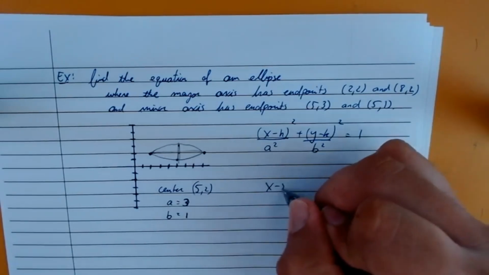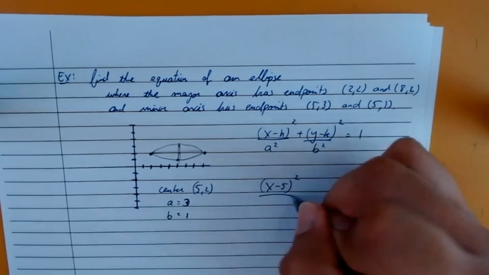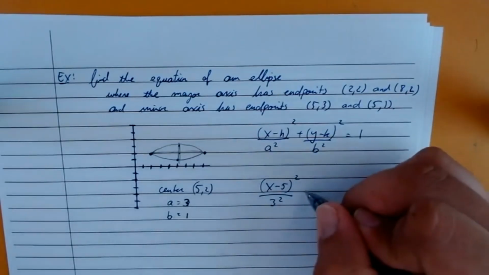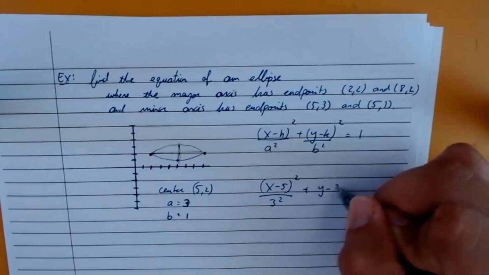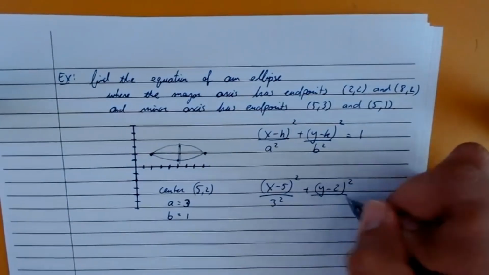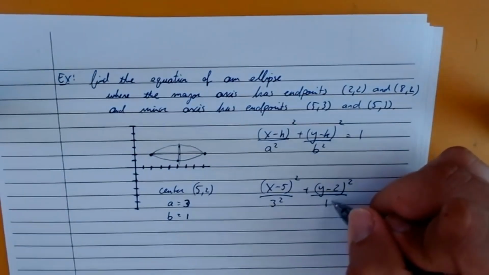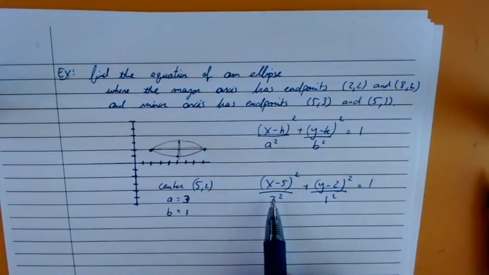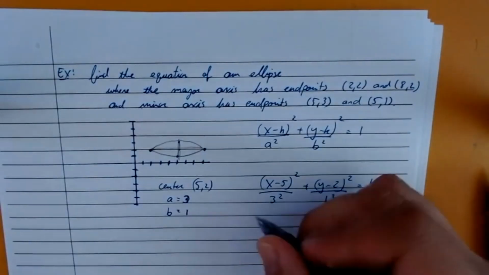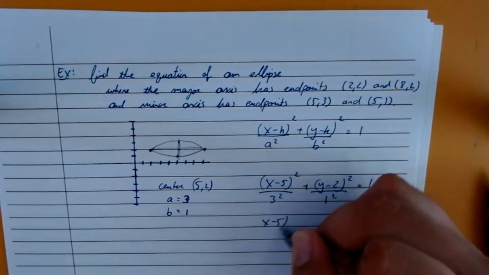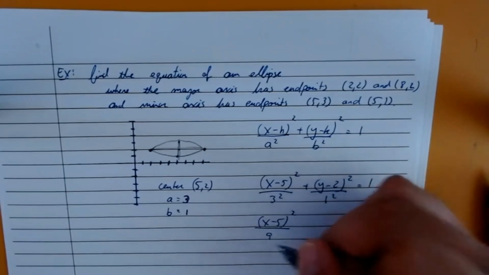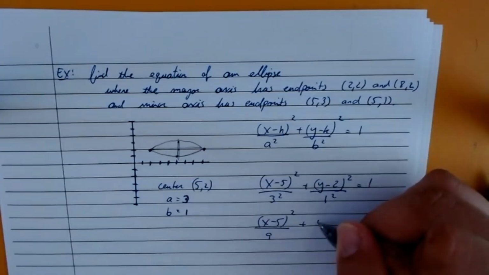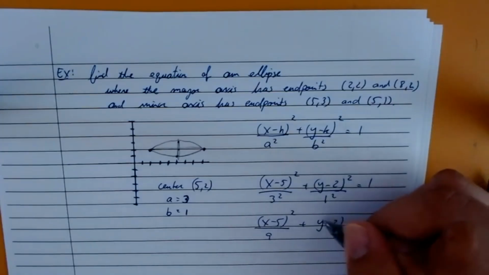We have (x minus 5) squared over 3 squared plus (y minus 2) squared over 1 squared is equal to 1. Or you can also write that as, of course, 9 and 1. So you can write this as (x minus 5) squared over 9 plus (y minus 2) squared.